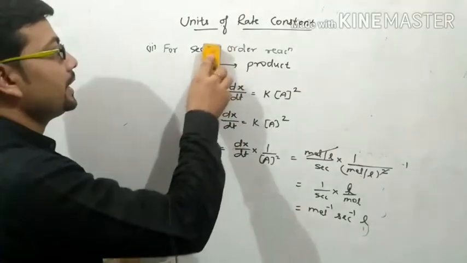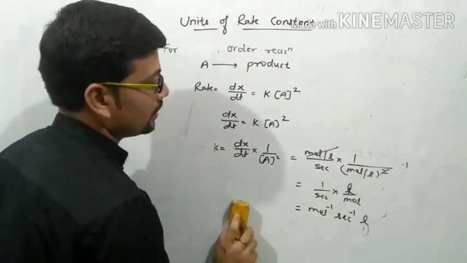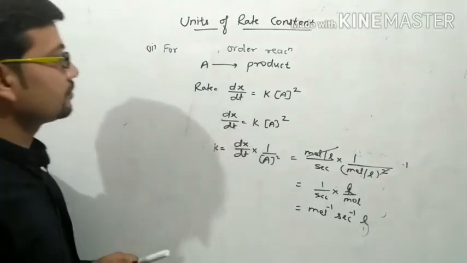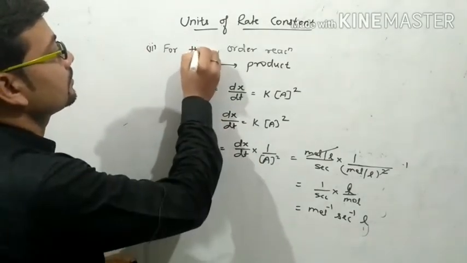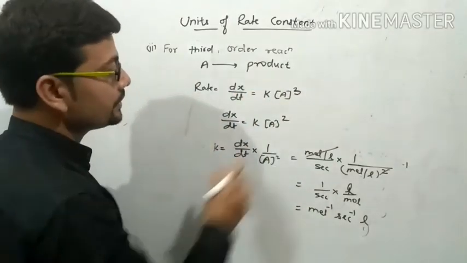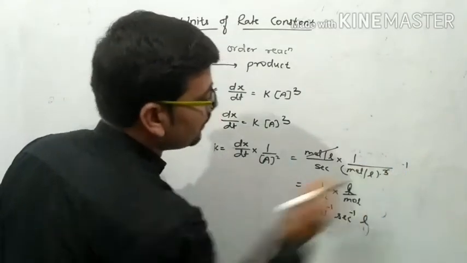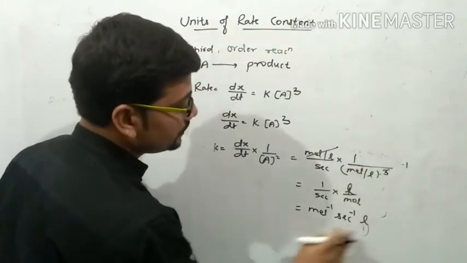Now taking the unit for the third order reaction. In this case we take the concentration term with power 3, mole per liter to the power 3.